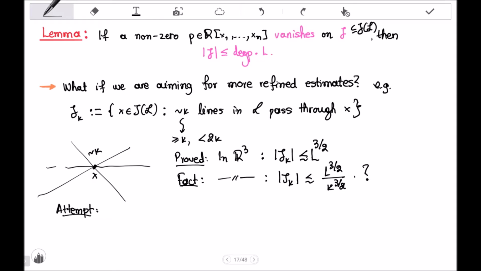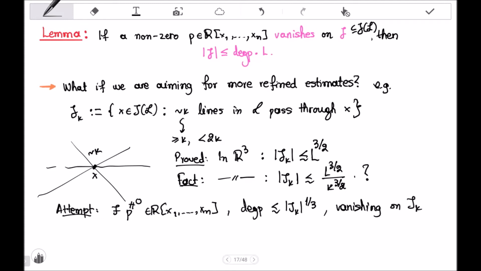So all we need is to find a low degree polynomial that vanishes on our k-rich joints. And then we'll plug that into here and get a bound. So we know that from the vanishing lemma, this parameter counting lemma, that there exists p non-zero in n variables of degree very small, that only depends on the number of our k-rich joints. So with a degree at most, the number of k-rich joints to the 1 over 3, that's the dimension now, vanishing on Jk.